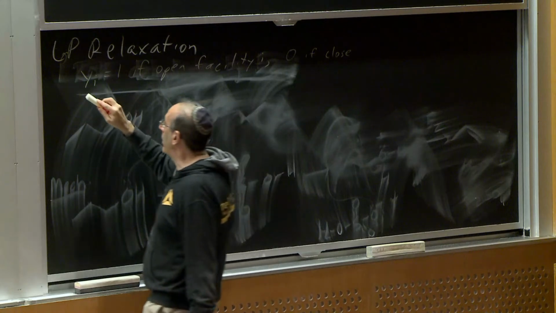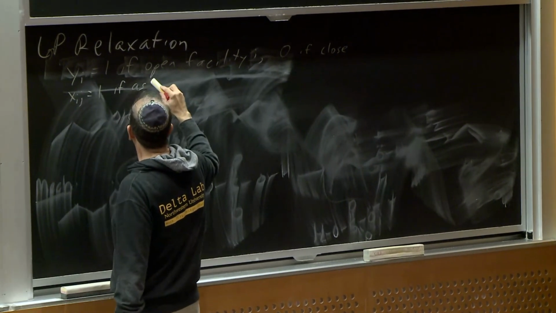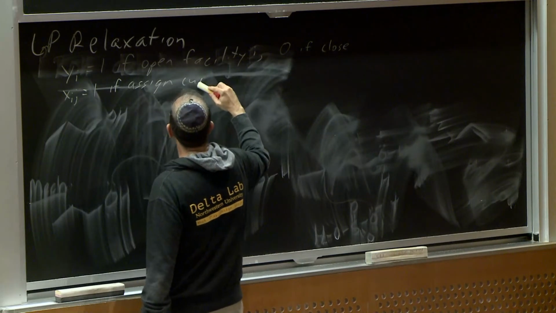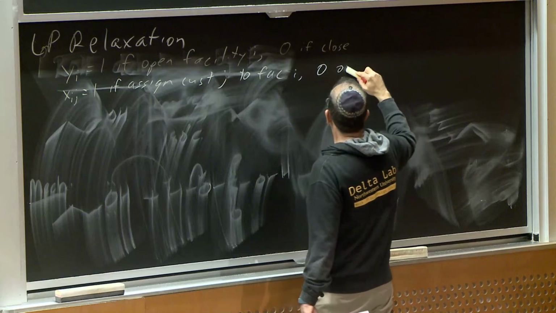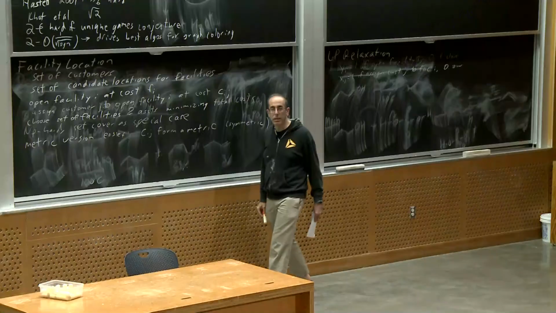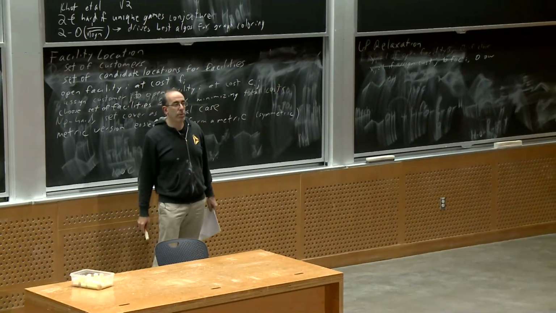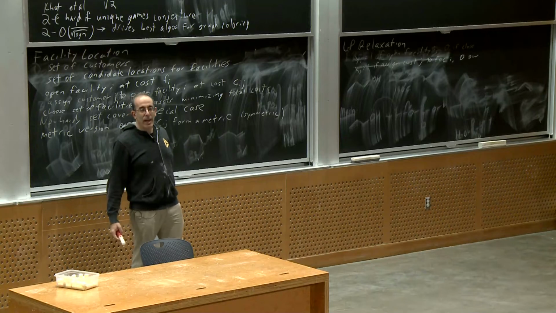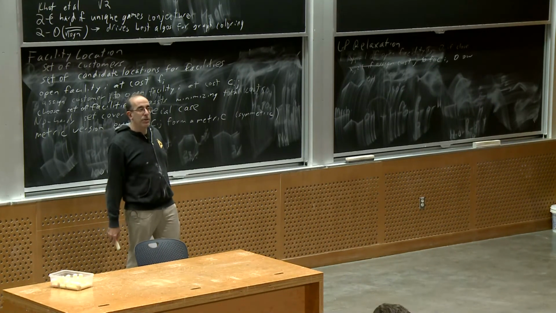And similarly, we can define xij equal 1 if you assign customer j to facility i and 0 otherwise. So these are our natural decision variables or indicator variables. Now we just have to ask, how do we write down the integer linear program? So what is the objective function?